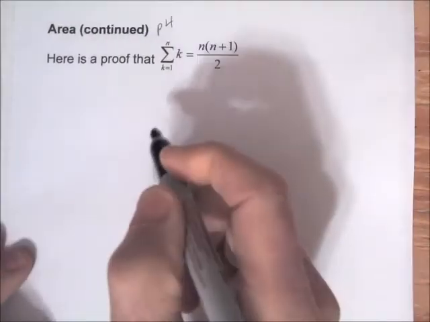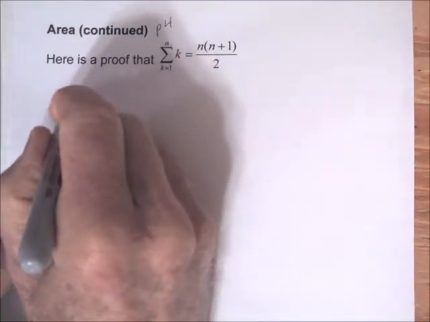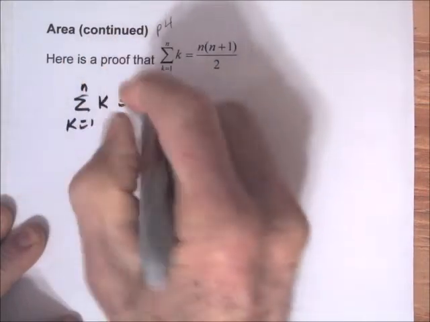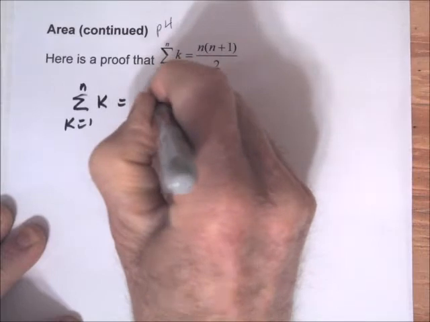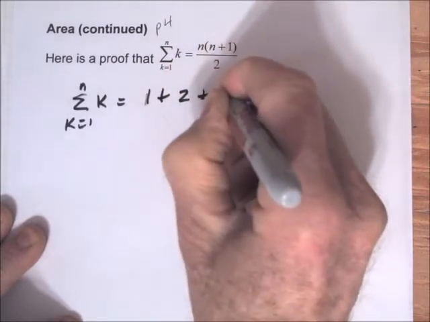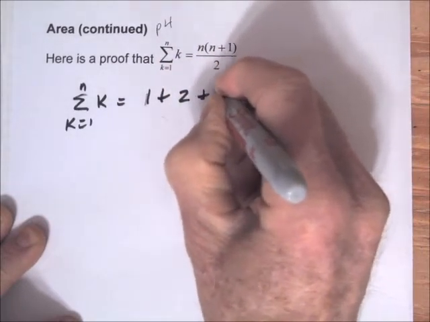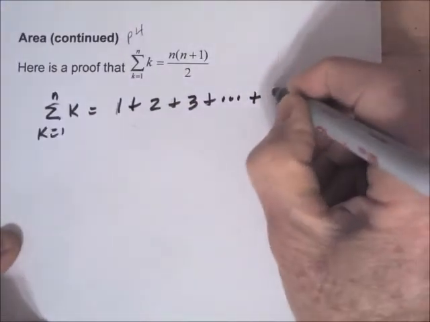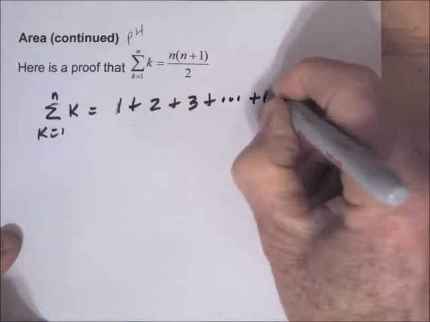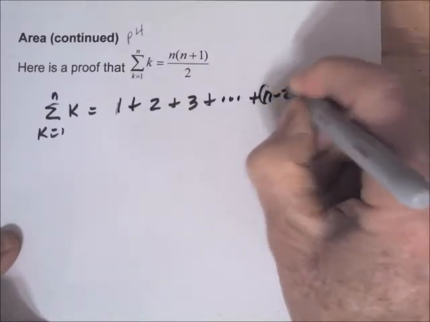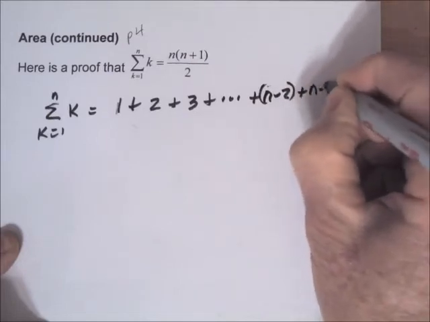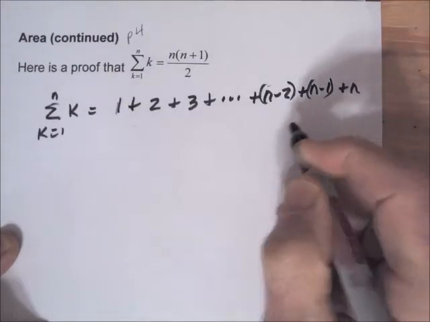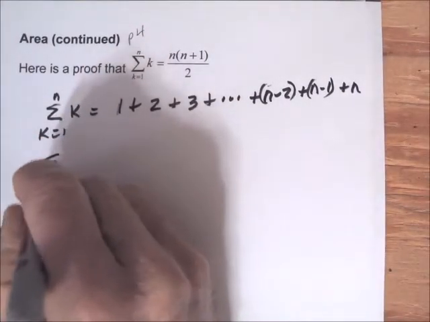So the summation k equals 1 to n of k is going to be 1 plus 2 plus 3 plus, etc., the dots mean etc., plus n minus 2 plus n minus 1 plus n. And then we could also write this in reverse order.